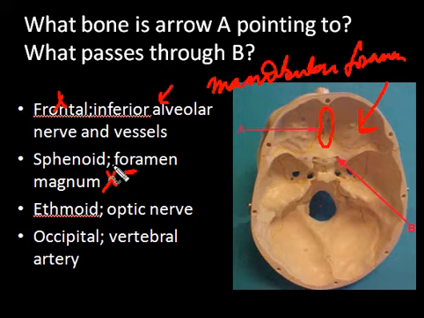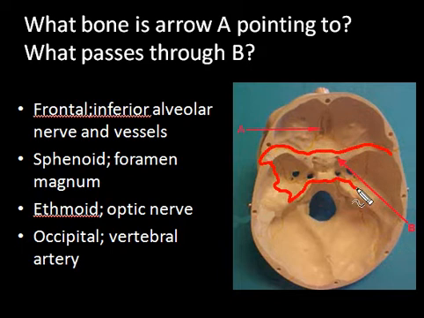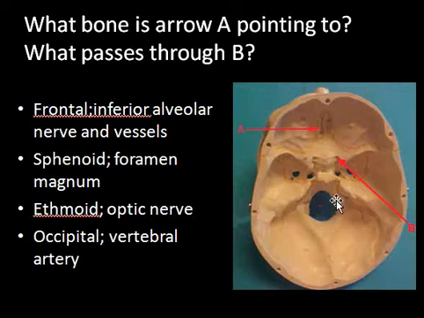So not only is the answer wrong there, plus in any case the identification is wrong, because A is not the sphenoid. The sphenoid is this part here. It's a bat shaped bone, so it pretty much goes this way. So all of this is the sphenoid bone, so it's not the sphenoid. And foramen magnum is this aperture, so it's not that answer. So these two are wrong.